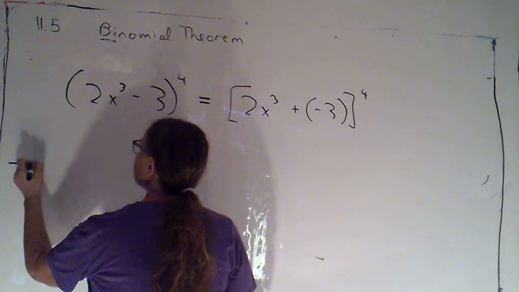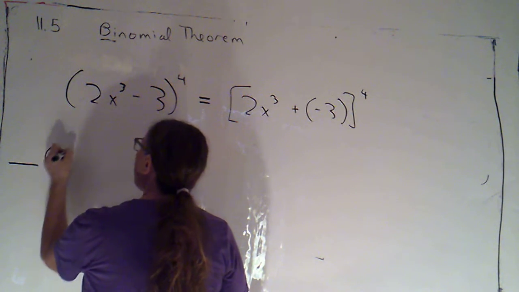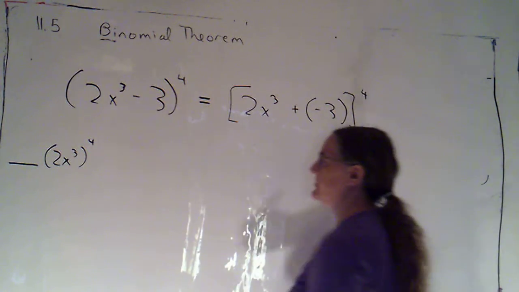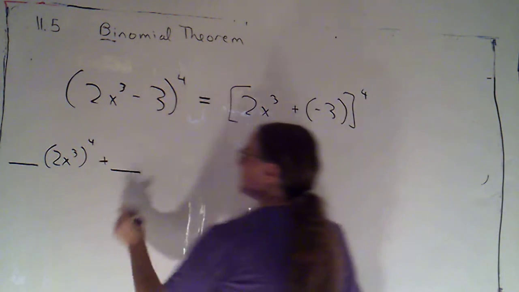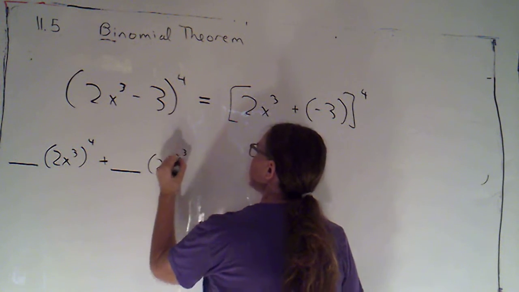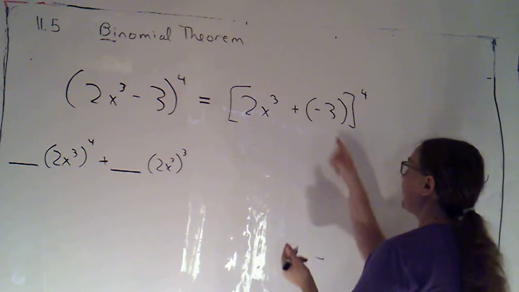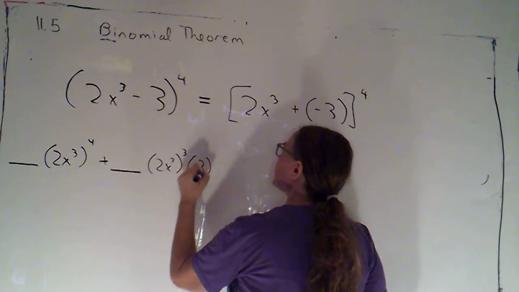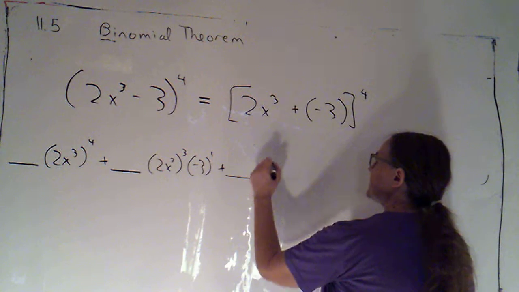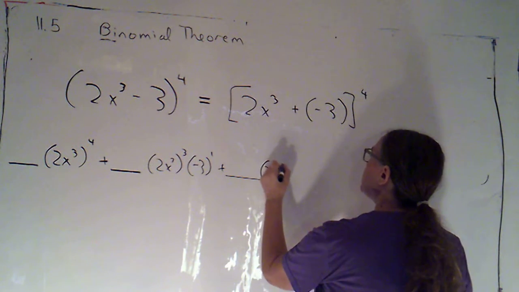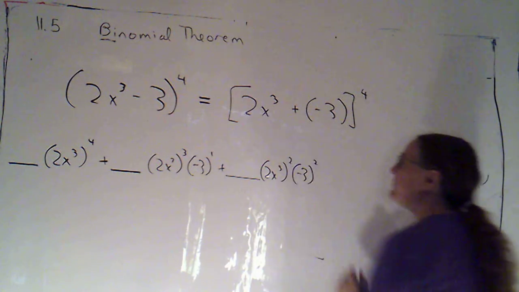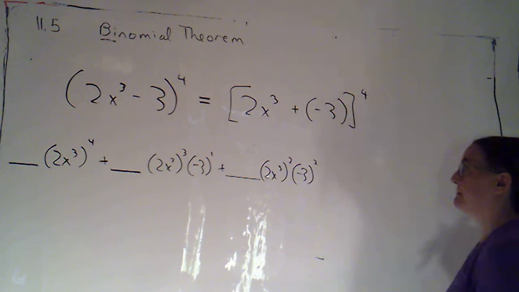So we'll start out with some where they're all 2x cubed. All 4 factors are 2x cubed. And then we just work our way down. I could have some terms where I've got one less copy of 2x cubed. So that would be just 3 factors of that, which would mean I'd have 1 factor of -3. Plus some terms where I have just 2 factors of 2x cubed, and that means the other 2 factors have to be -3.